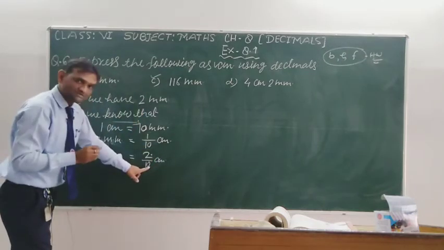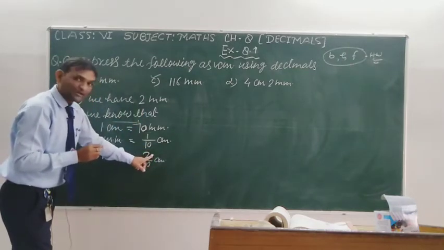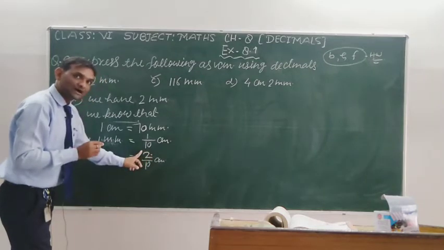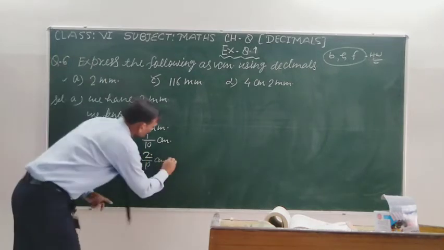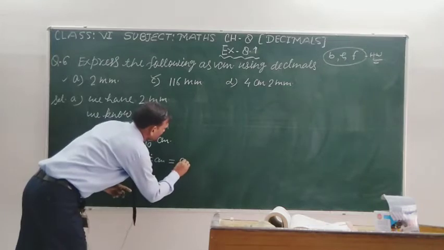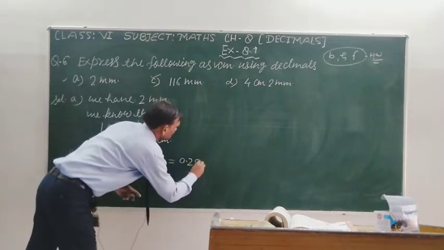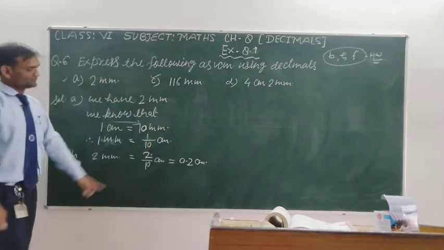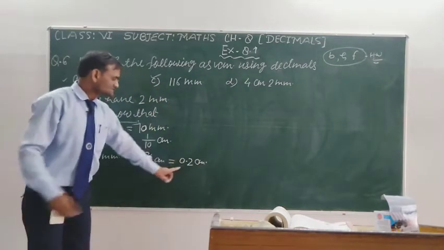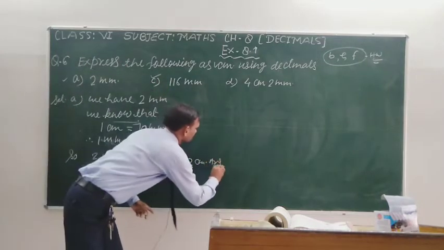This 10 has one 0, so the decimal point will shift to the left after one digit, so you can write 0.2 centimeter. This is my answer, student.